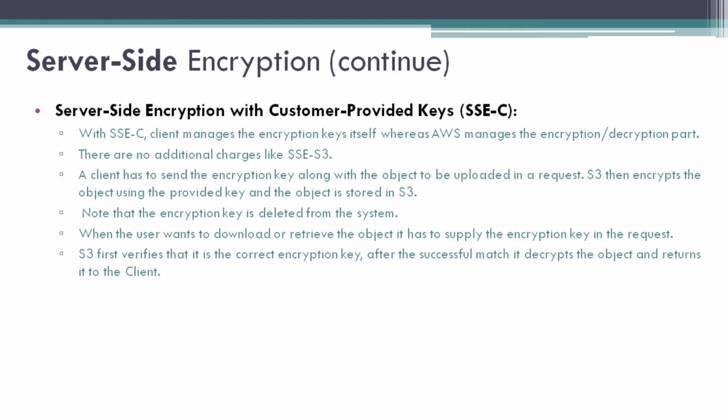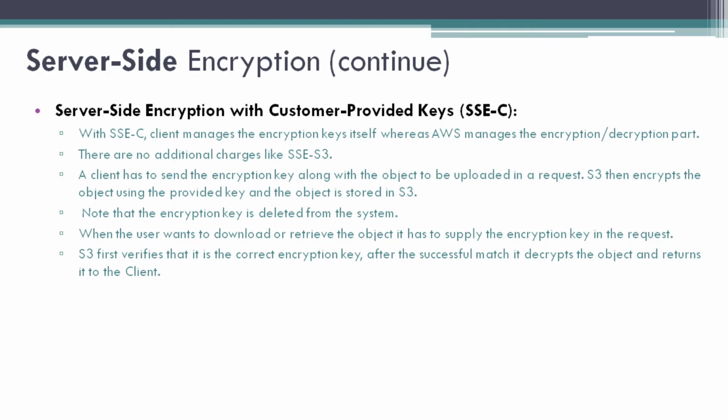While uploading you provided the encryption key, but while downloading, when you want to retrieve your data, you also have to pass your encryption key, so that Amazon S3 can decrypt your data with the help of that key and then you can retrieve your data.